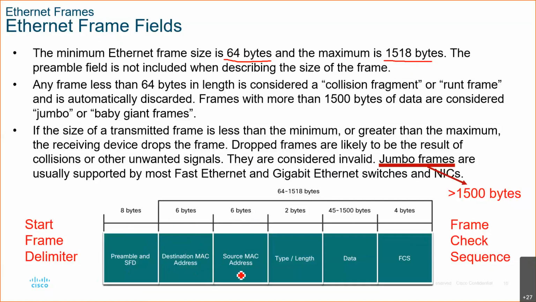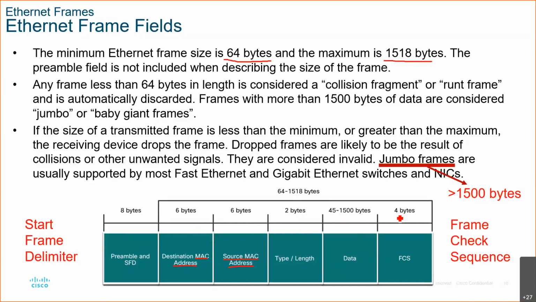Now remember, when you say the MAC address, remember the numbering system we studied? This is a base 16 hexadecimal address, okay? So you have to have the source MAC address and the destination MAC address. And then what kind of data you're carrying? 2 bytes. And your actual data will be between 45 and 1500 bytes.